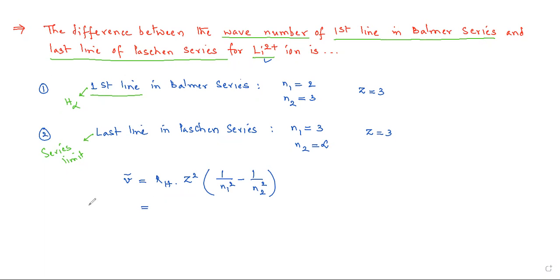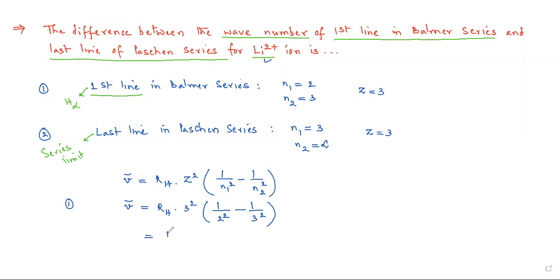Say for first case, nu bar can be written as, keep RH as it is, Z square is 3 square, 1 by N1 square is 1 by 2 square minus 1 by N2 square is 3 square.